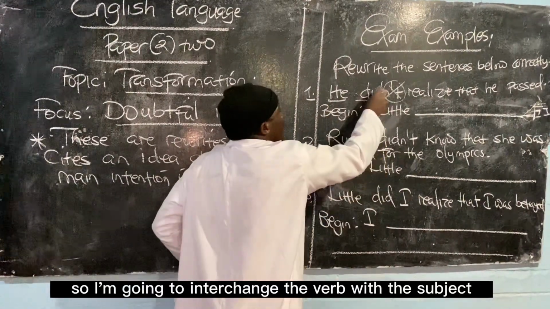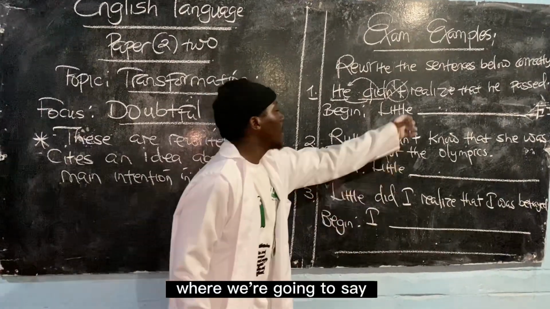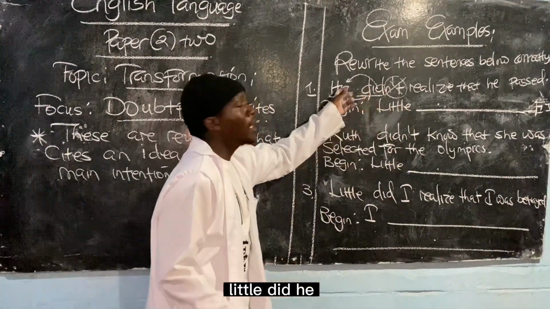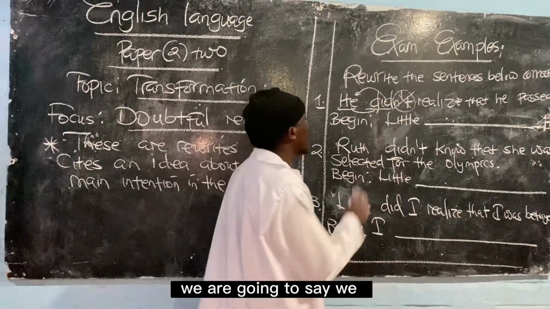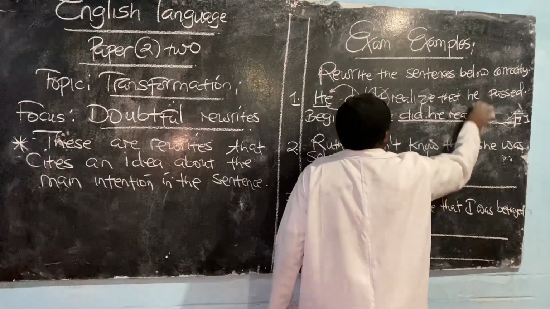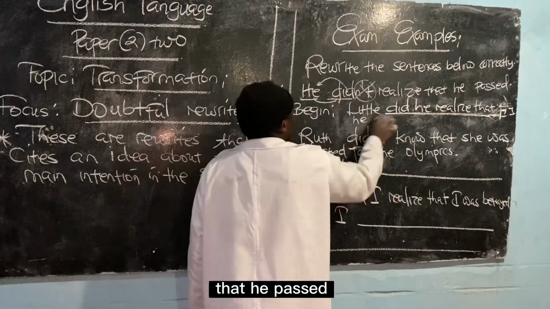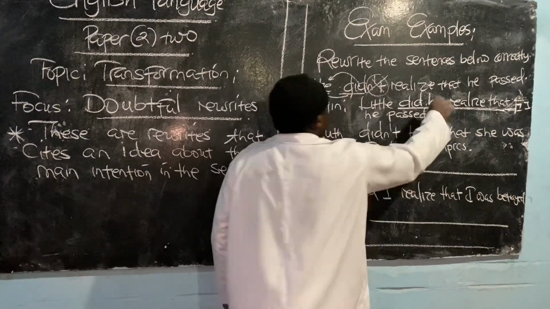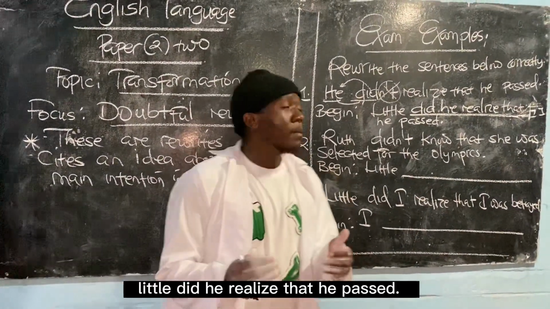So we're going to interchange the verb and the subject, where we're going to say "little did he", and then we maintain the actual originality of the sentence: "little did he realize that he passed."